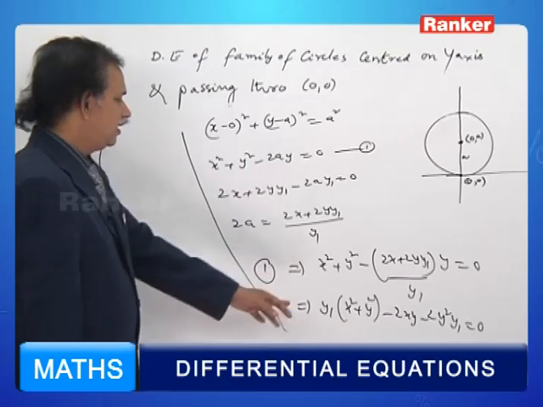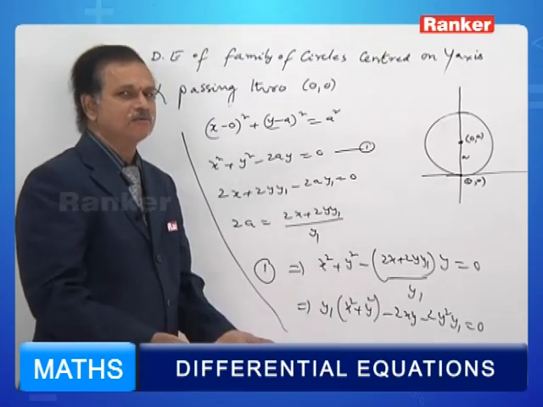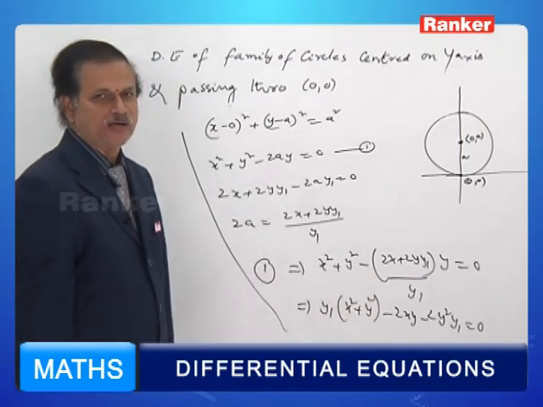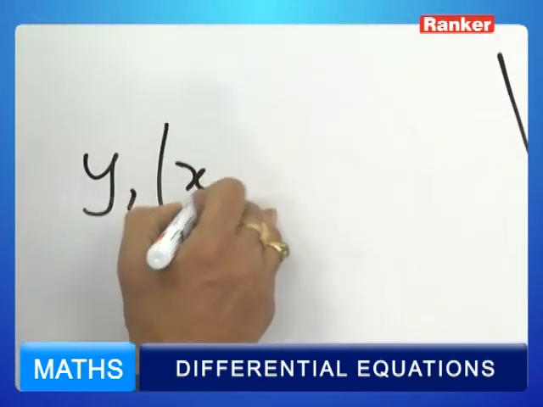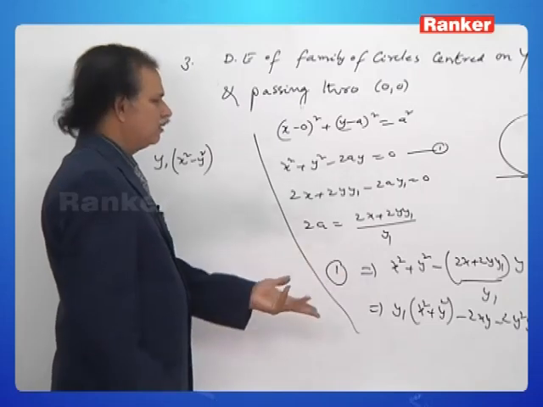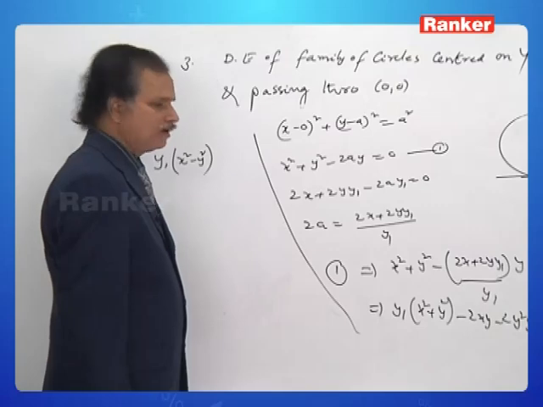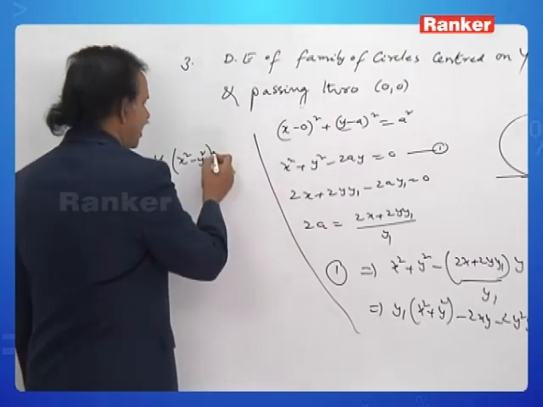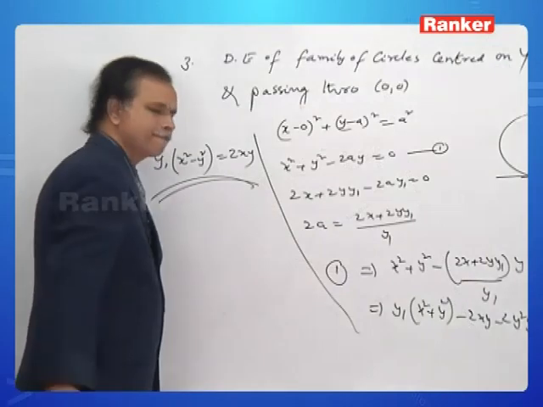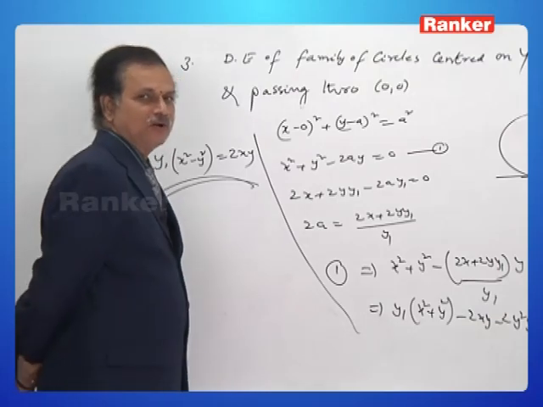What happens? (x square plus y square minus 2y square) is nothing but x square minus y square, and minus 2xy, as you like it. If you want to retain it here itself, retain it, or otherwise throw it that side. So y1 into (x square minus y square) is equal to 2xy.